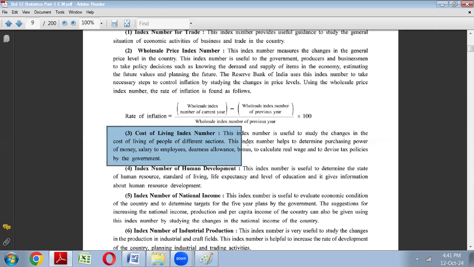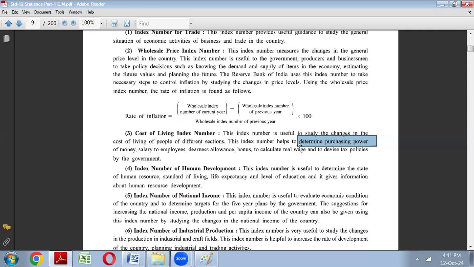So here the index number will help you to determine the cost of living by determining the purchasing power of money. Suppose in a metropolitan city, say, XYZ item is available at rupees 10 per kg.